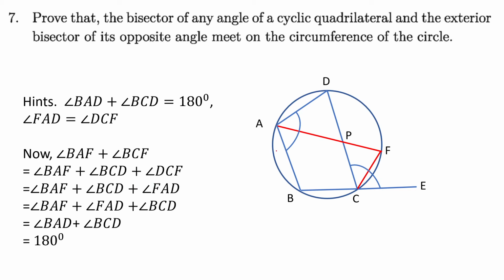Now BAF plus BCF, this angle plus this angle. We can separate BCF into BCD plus DCF, but DCF is equal to FAD.